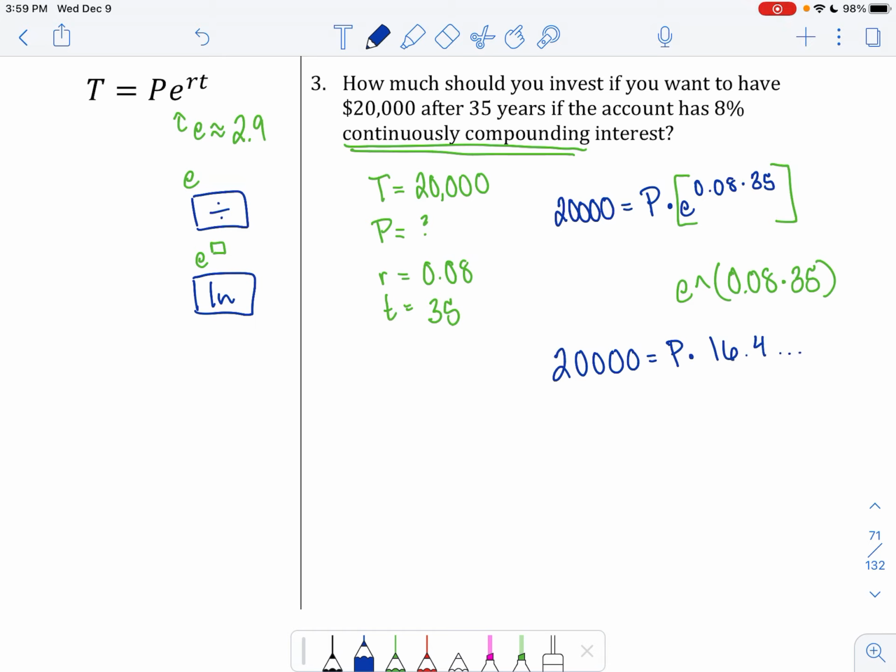Leave this in your calculator. Don't round it, because what you're going to do next is divide both sides by that number to get P by itself.